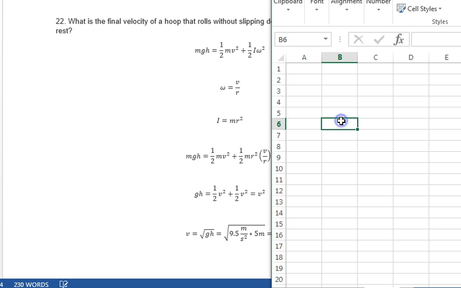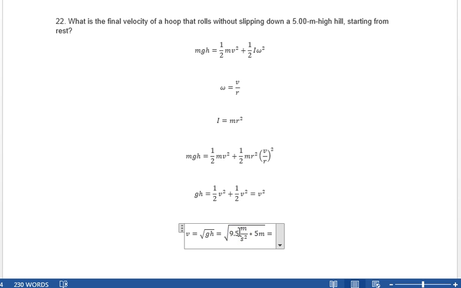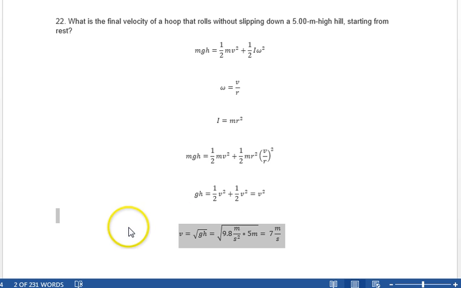Okay, so the square root of 9.8 times 5, I get 7 meters per second. All right, velocity is 7 meters per second. That's it for problem 22.